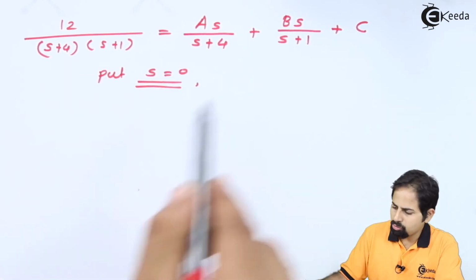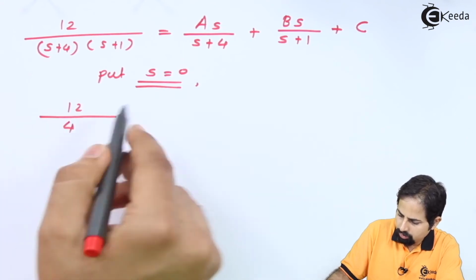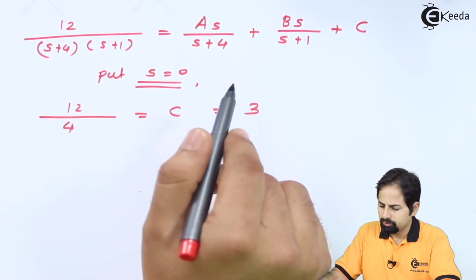By putting s equal to 0, a and b will both become 0. So I get c equal to 3.